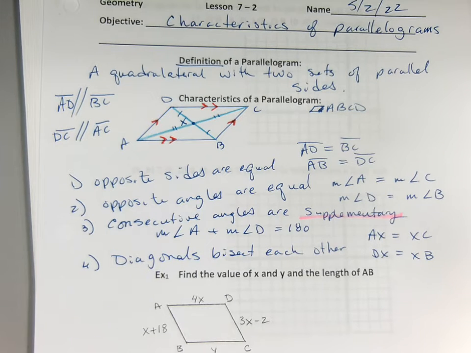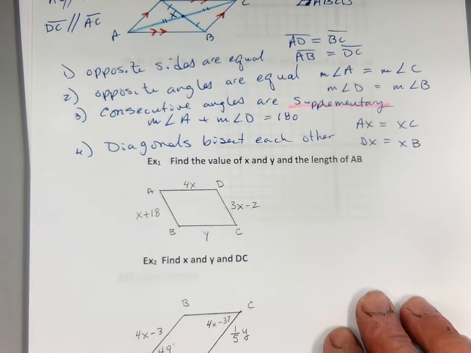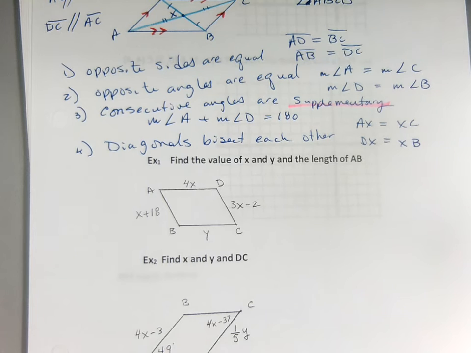Those are all the characteristics. So if we know that, we're just going to solve some problems taking what we know, okay? You guys ready for example 1, or am I going too fast?